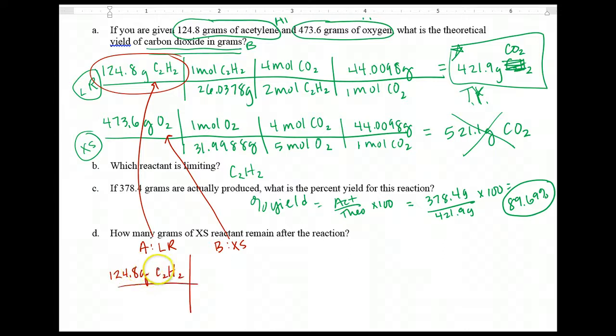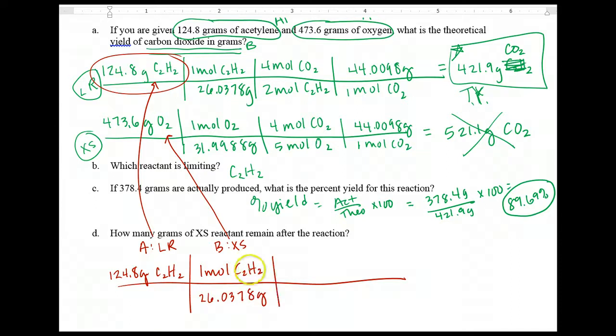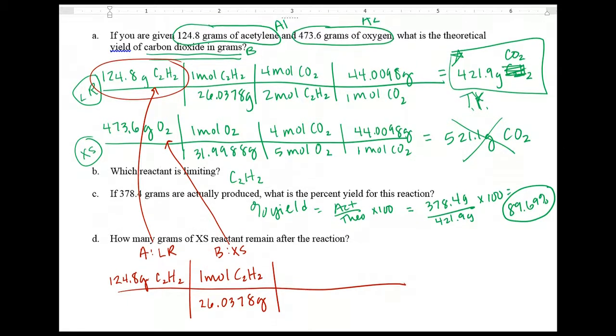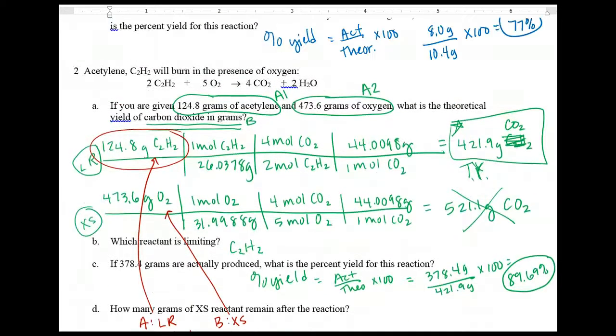We will change grams to moles, and the molar mass from acetylene, we used it in part A, is 26.0378 grams. This time we're solving for the excess reactant, which is oxygen. And if I look at my balanced equation, the ratio of oxygen to acetylene is 5:2.